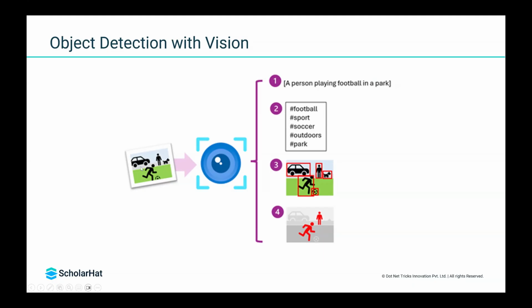This is the label given to the image. We extract hashtags, let's say football, sport, social, outdoor, park. For object detection, we detect a car, a human, a dog, a ball, again a person. We can even extract things like this.